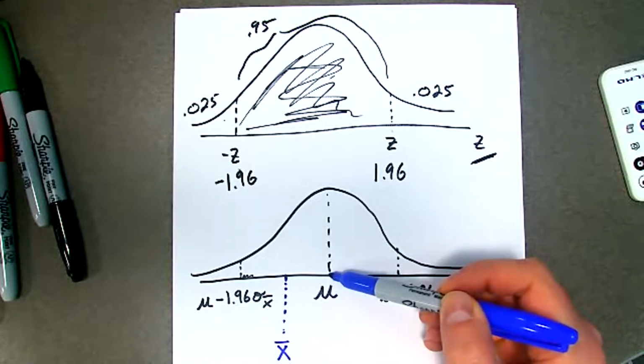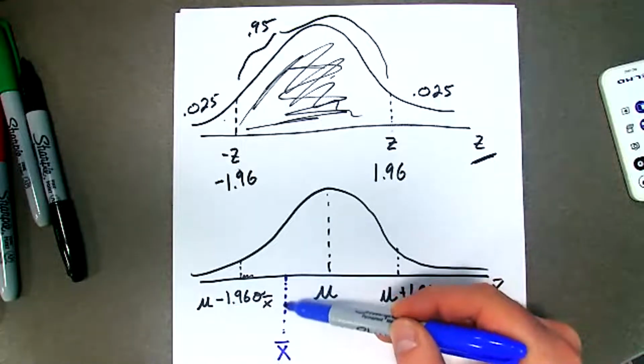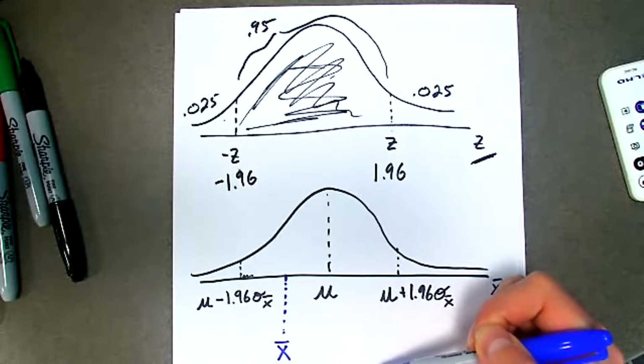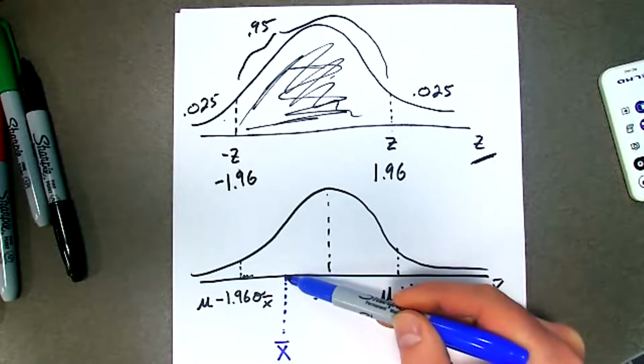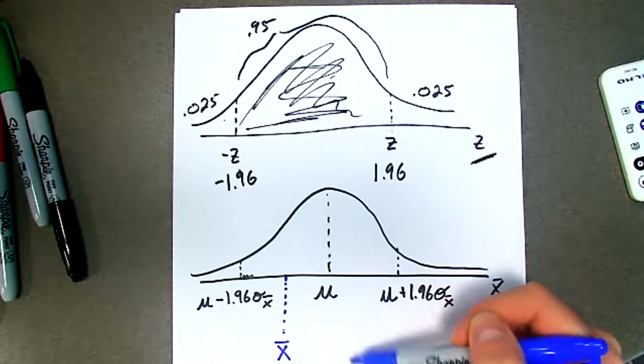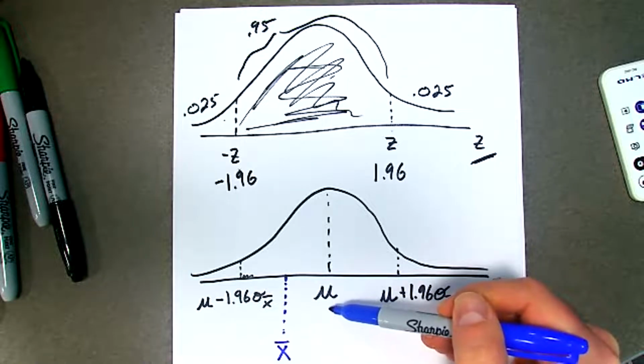So let's say I go over one standard deviation, but remember, when I build my confidence interval, the amount that I'm going to the left and the right is 1.96. So if I go over 1, but then back 1.96, this value is going to be past that population mean.